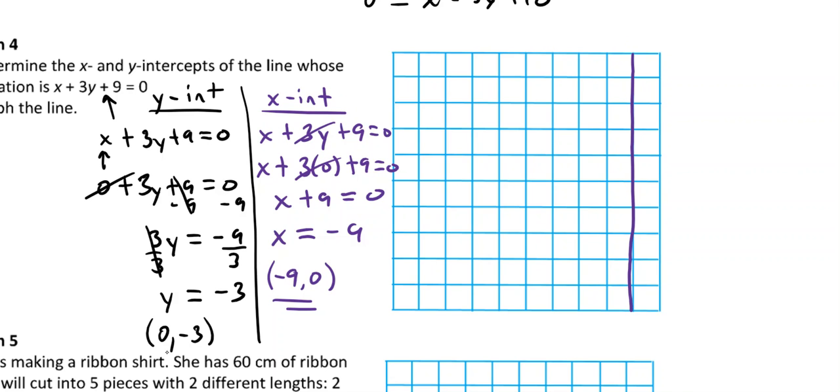And then this one doesn't really matter. It's at negative 3, so as long as I have 3 below my x-axis, maybe right in the middle. And then we can plot it. So 0, negative 3 was my y-intercept, so right there. And then my x-intercept was at negative 9, 0, so over there.